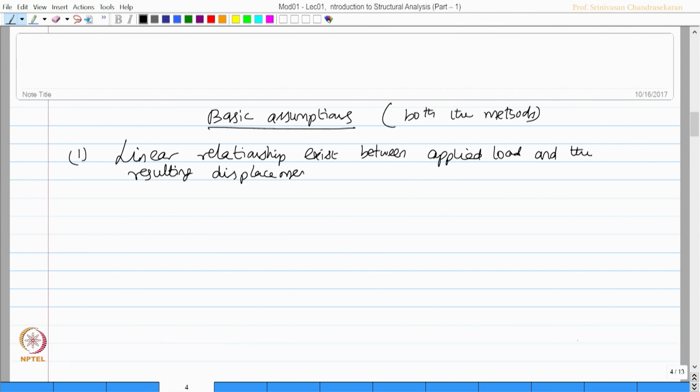Displacements can be translational, can be rotational, resulting displacement of the structure. This makes a very important secondary statement, that this makes principle of superposition valid through the formulation.